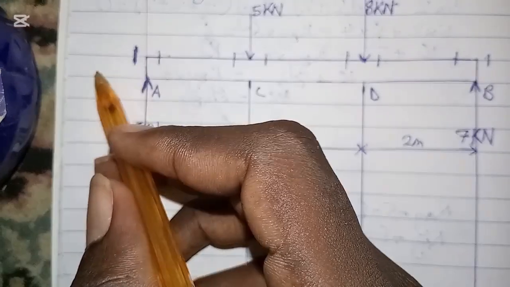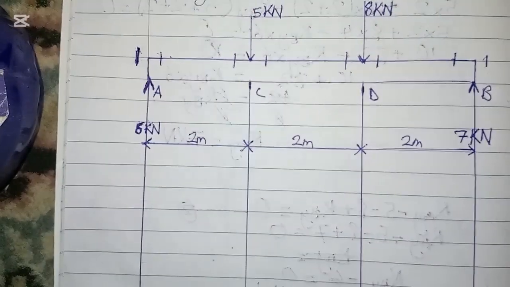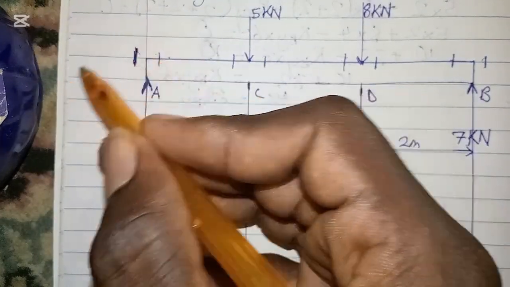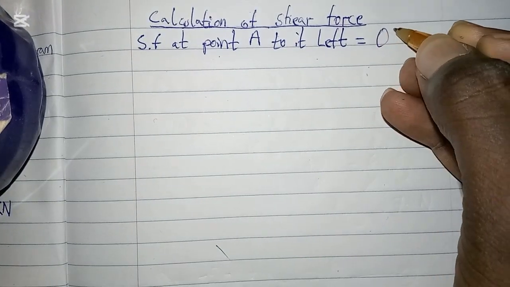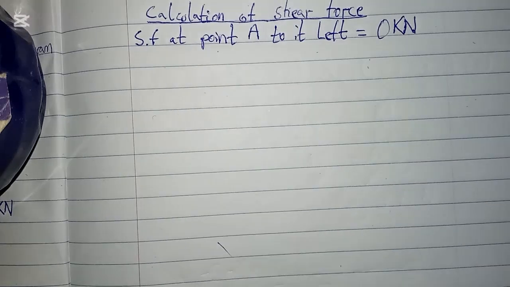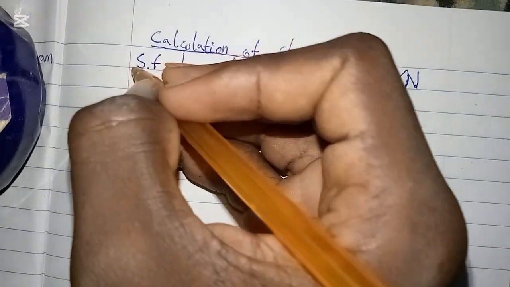You cannot see anything here. So shear force at point A to 8 left is equal to 0 kilonewton. Okay, so let's go to the next one.